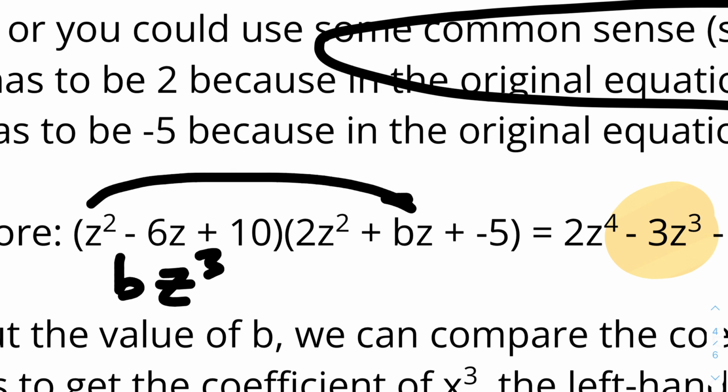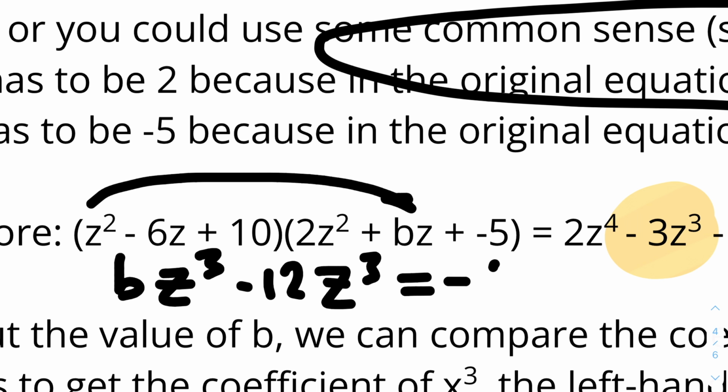There's another way to get z cubed, which is minus 6z times 2z, so minus 6z times 2z gives us minus 12z cubed. Let's look for other ways to do it, and you can't. That means bz cubed minus 12z cubed equals minus 3z cubed.